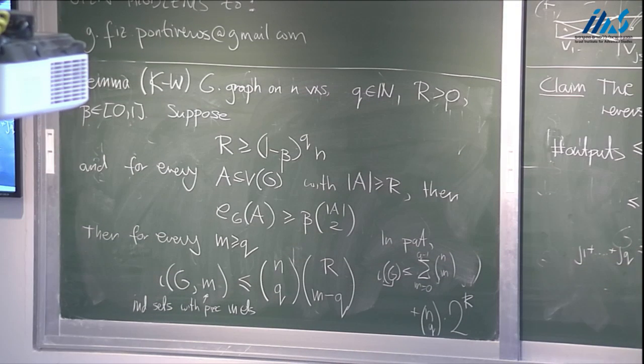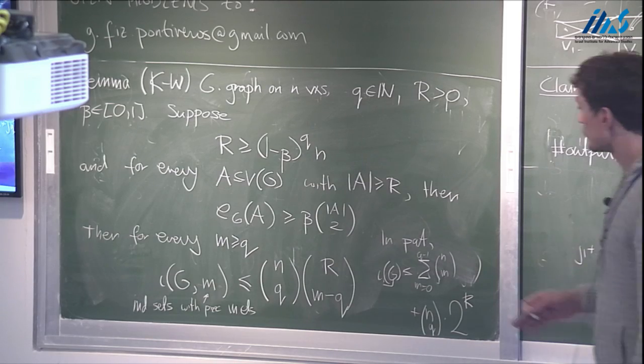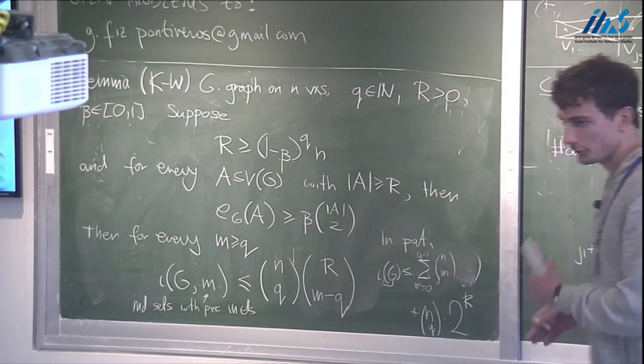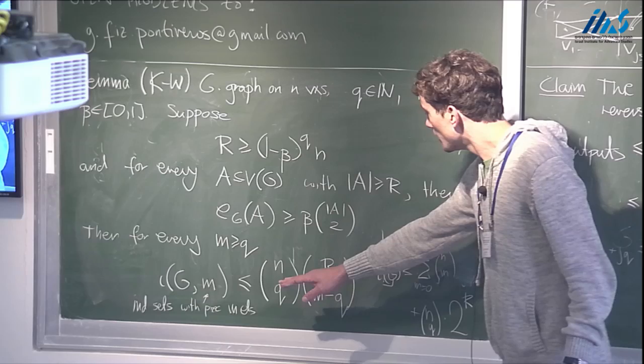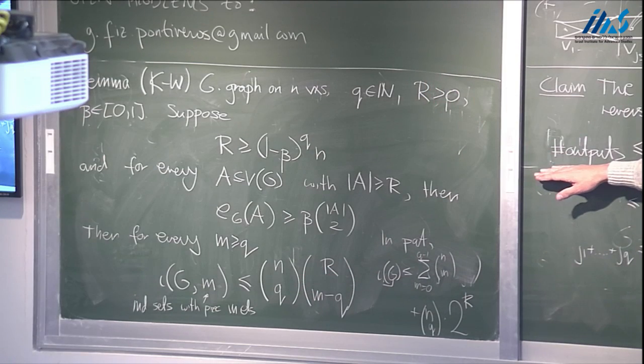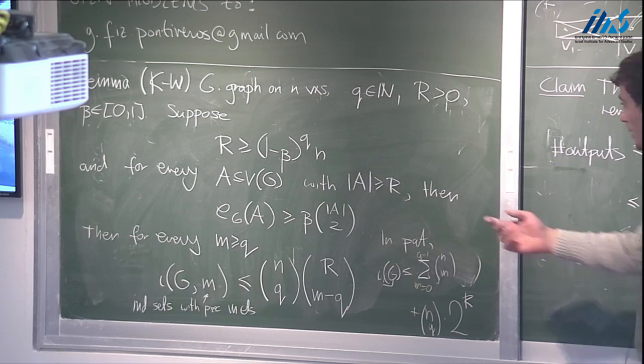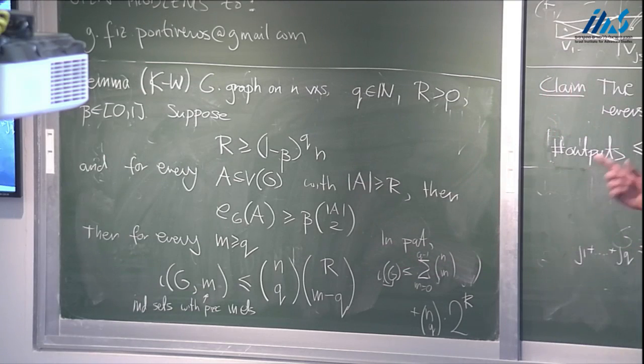So let me convince you that this is indeed true. Let me prove this statement, at least hand wave a little. It's enough to count, to bound the number of outputs of this procedure, run on all sets of size M, which is at least Q. So we run this procedure, and we have all the possible sequences J1 to JQ.